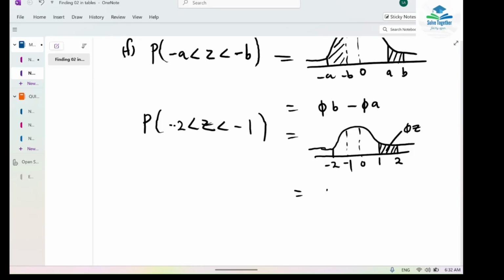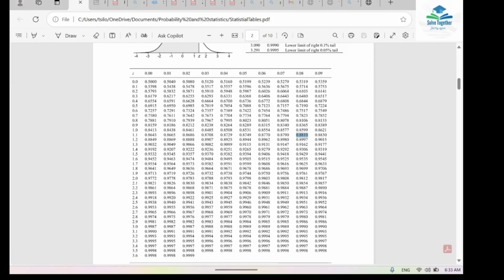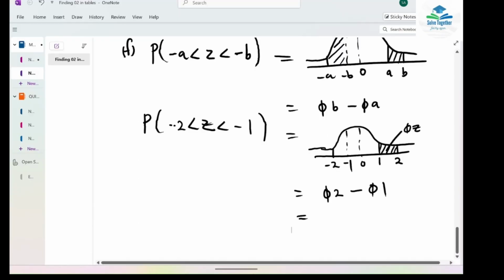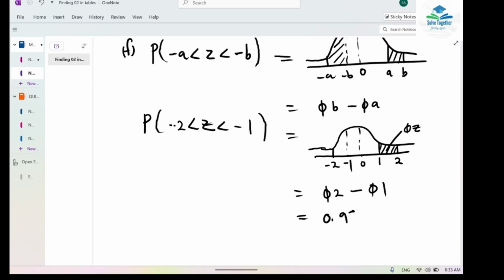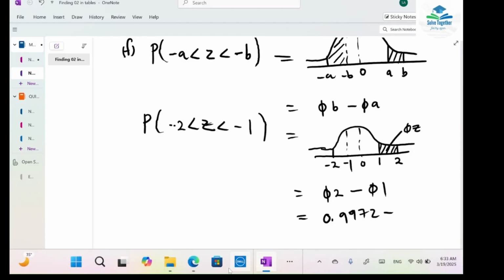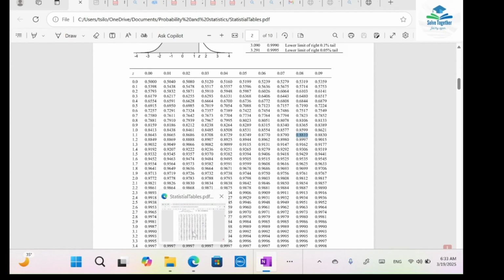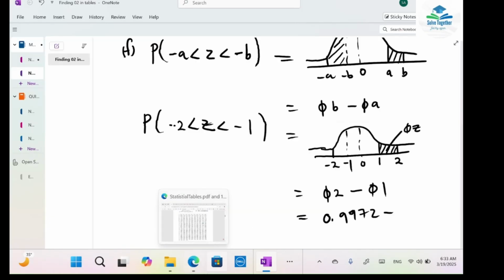This will be equal to phi of 2 minus phi of 1, which from the tables, phi of 2 is 0.9772, I'm not sure about that, if I took it correctly, and then phi of 1 would be 0.8413.